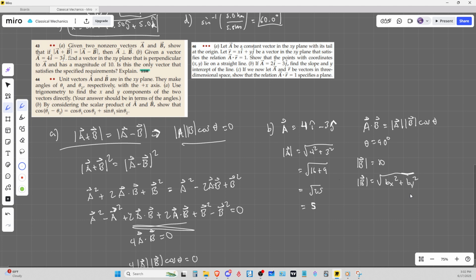Usually A is the definition of the angle between the two vectors. Not quite. You need an orientation to define theta. That's also true, yeah.